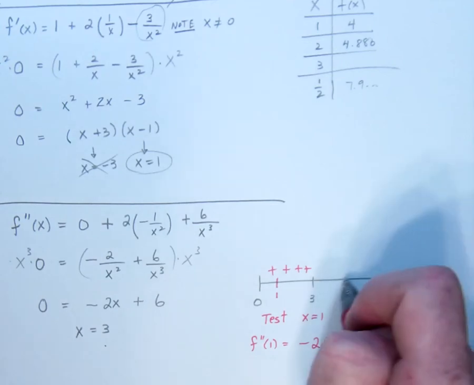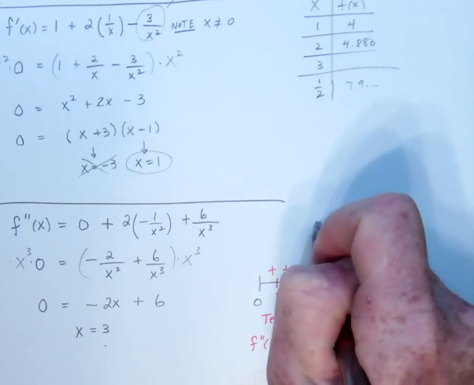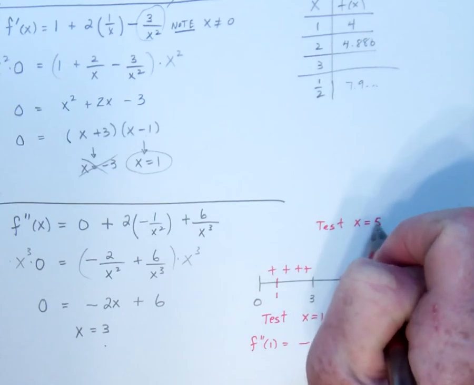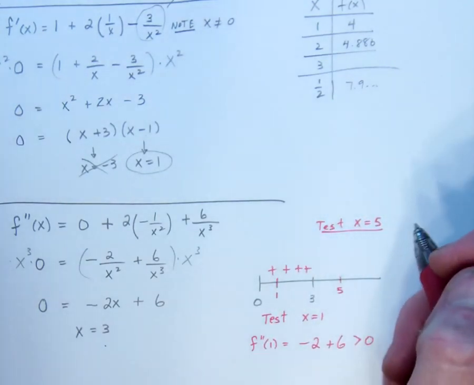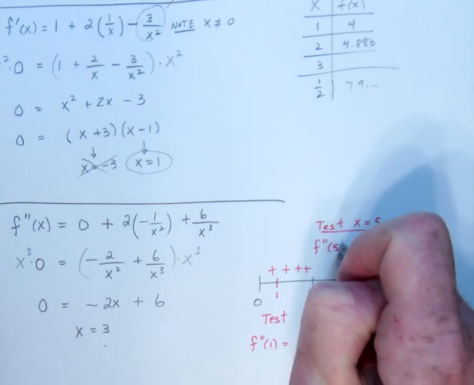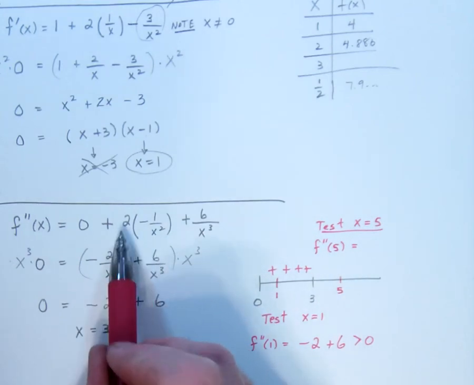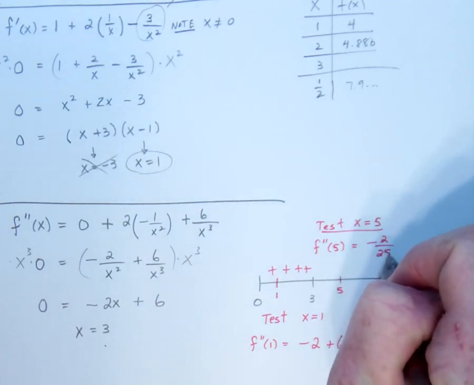Then you pick something over here, let's say like a 5, and you test x equals 5. And we want to know, is the second derivative positive or negative? So when you substitute a 5, it's going to be negative 1/25 and then times the 2.